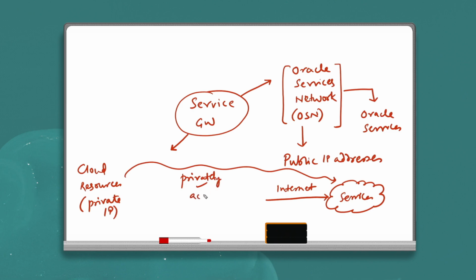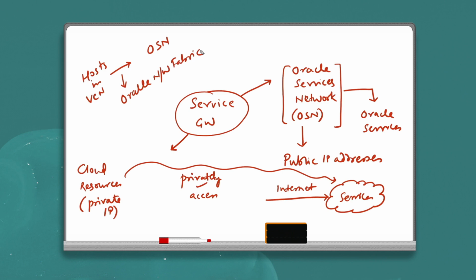So basically enabling private access. And the best part here is your hosts in VCN can privately access Oracle Services Network. And when I say private access, the traffic is never going to traverse over the internet. The traffic is always going to travel over Oracle Network Fabric.